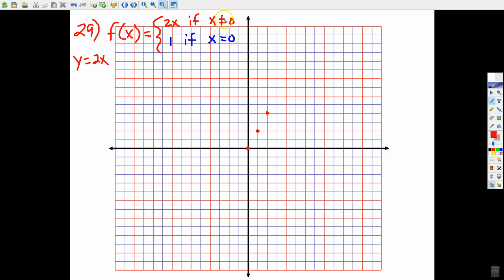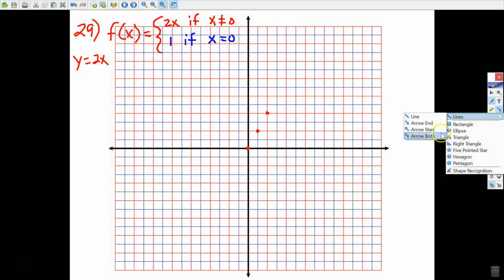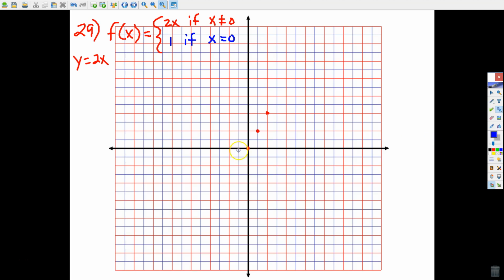We'll see what that means for our line. Okay, so for now I'm just going to go ahead and sketch this line. Get myself a running start, and I was going to color code, so give me just a second. I'll change the color.